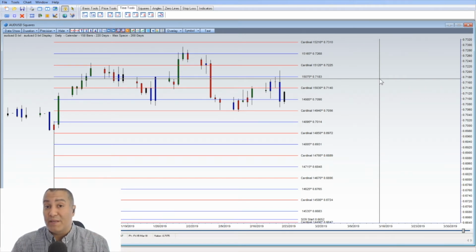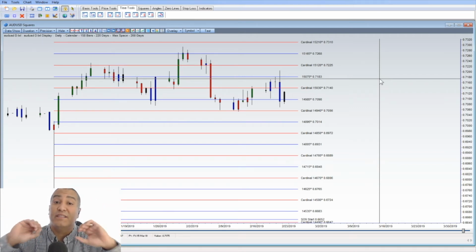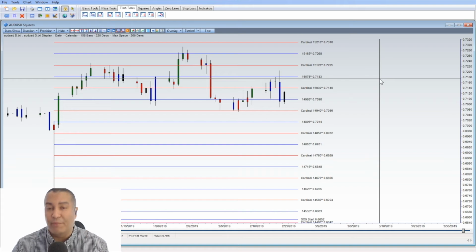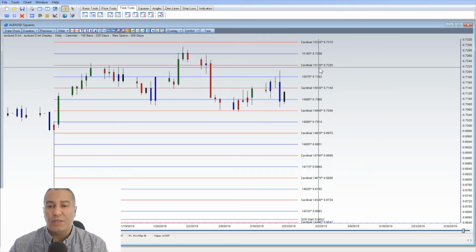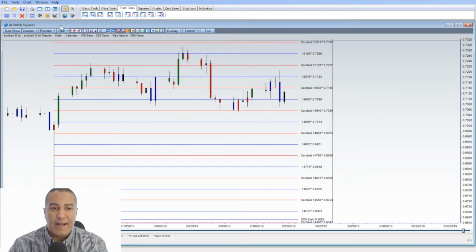This might be a place to go short, a place to cover, a place to get out, those kinds of things. Then you go deeper, you've got planetary levels, planetary lines, and it's just endless. I'm just keeping it simple, remember. Keep it simple. So that's that. Now we add the squares.